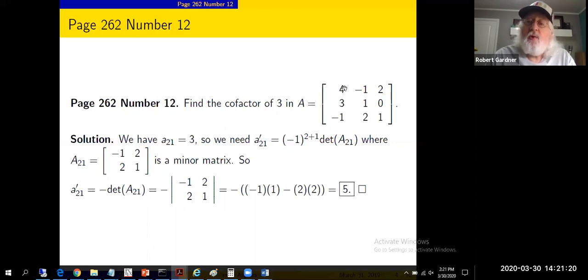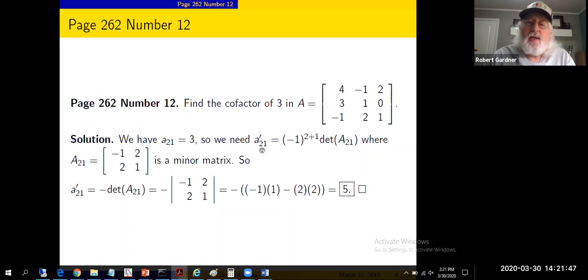Eliminate the row and column, and that'll leave us with the minor matrix, capital A sub 2,1, with entries -1, 2, and 2, 1. But in addition to that, there's the power of -1, and that exponent on -1 is the sum of the indices over here on the lowercase a.